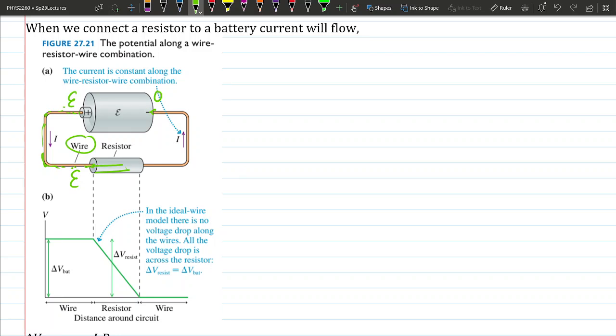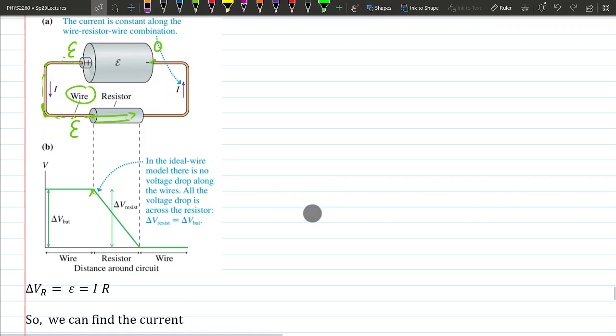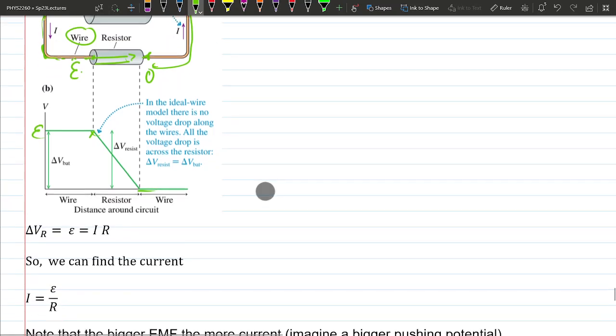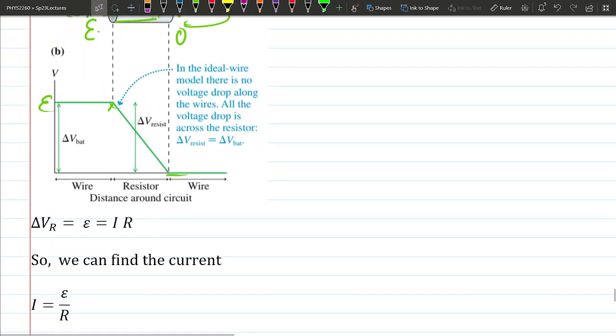But when you go across this resistor, the voltage is going to drop from whatever EMF is all the way down. When it exits on the other end, it's going to be the same voltage as here because we're assuming along the wire we don't have any voltage drop. So this 0 goes all the way out here. That's what this little diagram down here is supposed to show you. Along the wire it's constant, but when you're traveling across a resistor, the voltage drops linearly until you get to the wire again, where it's constant again. So this is E and this is 0.